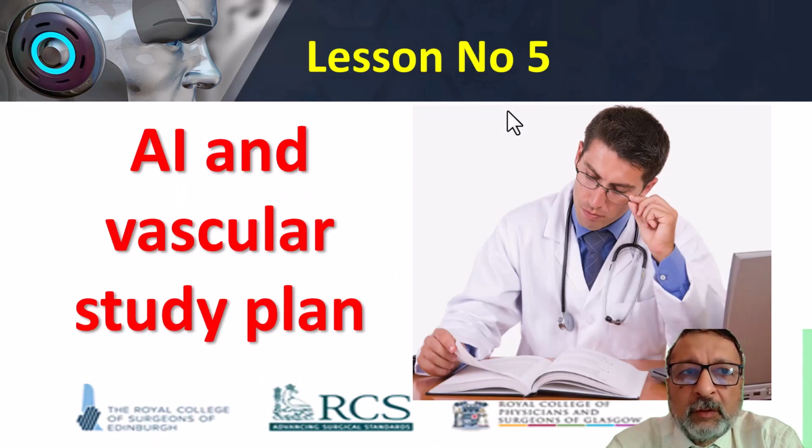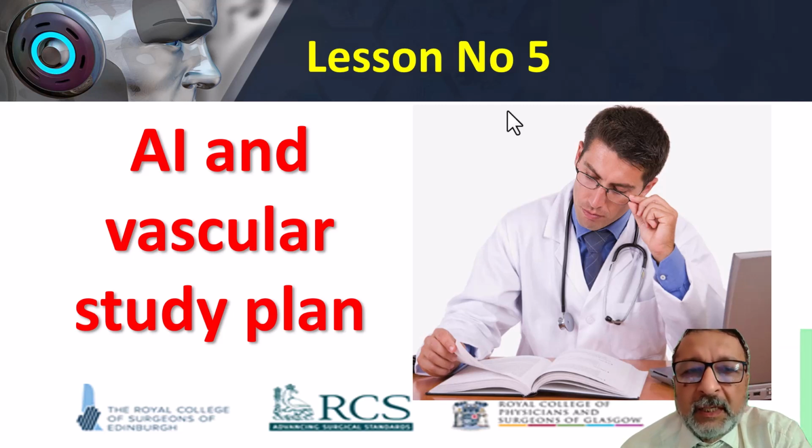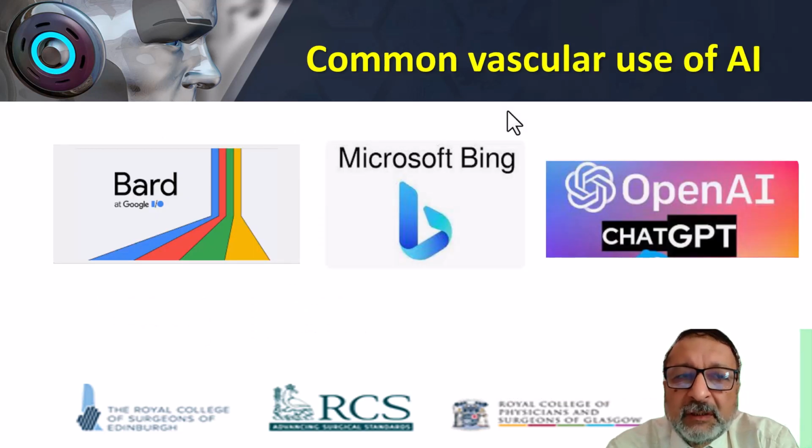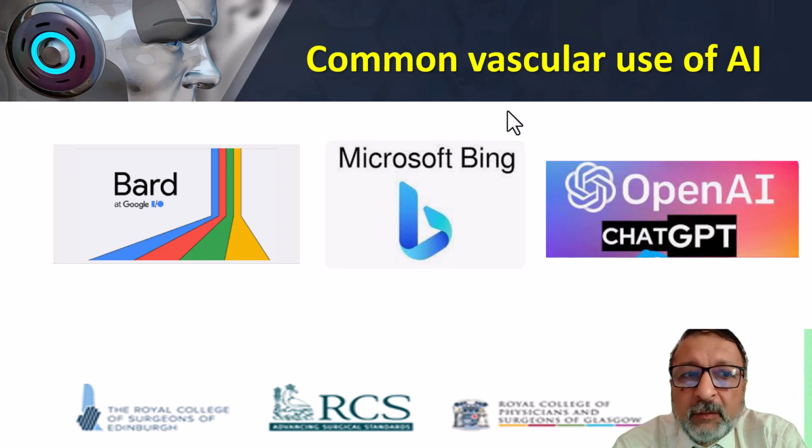We all, during our career, go into vascular examinations, and it is very important to prepare well. We usually prepare a study plan ourselves, but can AI help us to prepare a study plan? As I have mentioned, there are three dominating free artificial intelligence programs: Bard by Google, Bing by Microsoft, and ChatGPT by OpenAI.